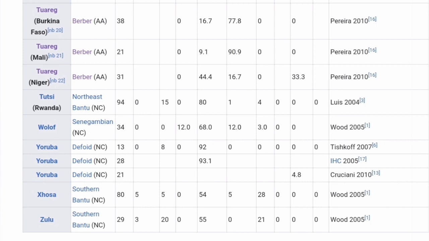But the frequency has nothing to do with it, especially if you consider how frequent it is in some populations in Africa. And of course, the third one that we're going to look at is E1B1A, which is the one found mainly in Africa.